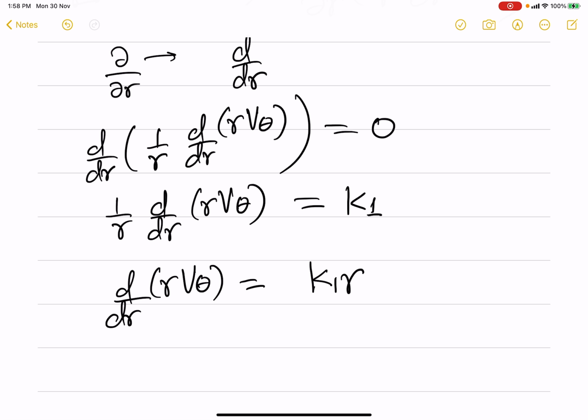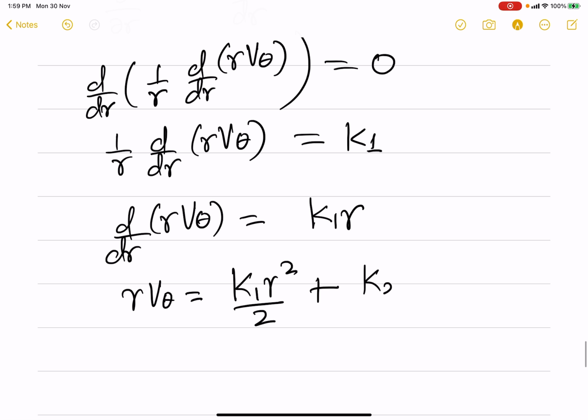And then we integrate this. So we get r v theta is equal to k1 times r square by 2 plus k2. From here we get v theta is equal to k1 prime r plus k2 by r, where, since k1 prime is an unknown constant, we call k1 by 2 as k1 prime, or we can even call it k1.